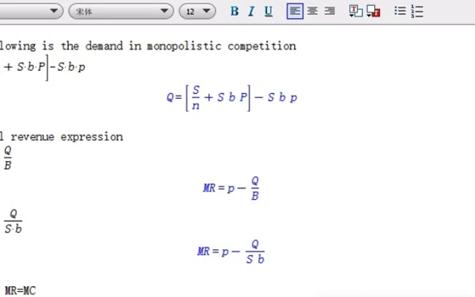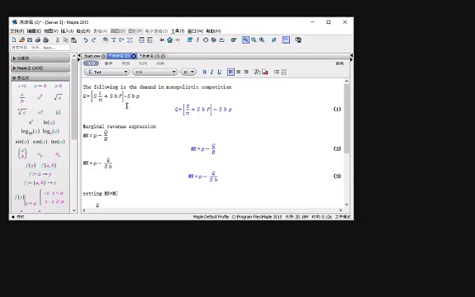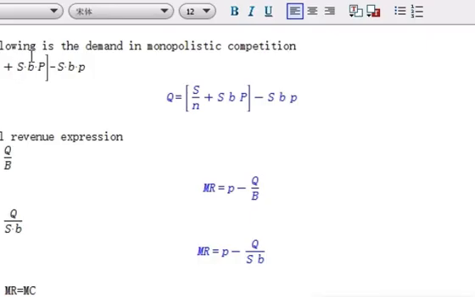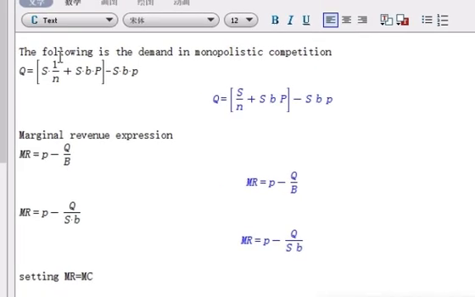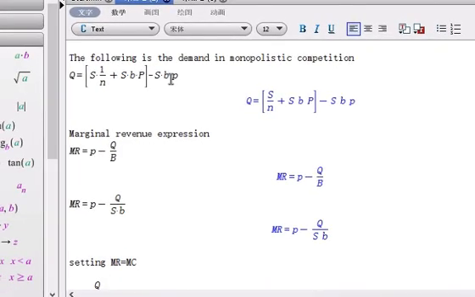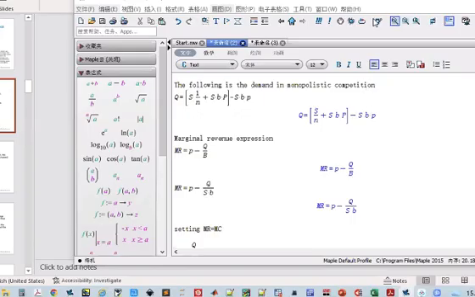So this is the equation we have. And where do we get this? This is the monopolistic competition, right? The demand equation. So you can think about this as this is the A, this is the B. Wait a second. Maybe I'll show you the whole thing just in case.